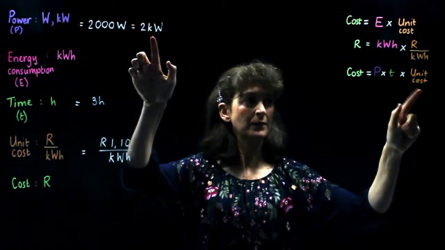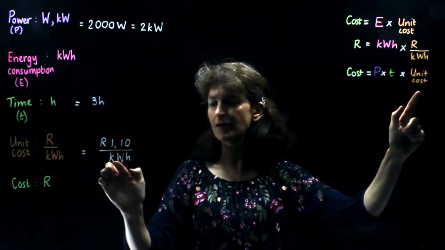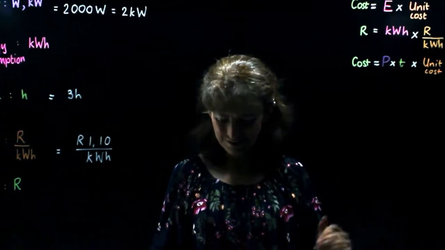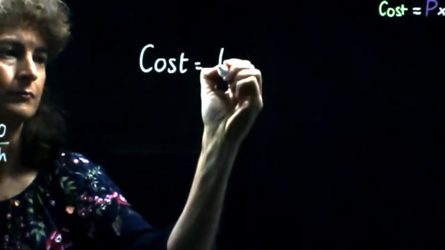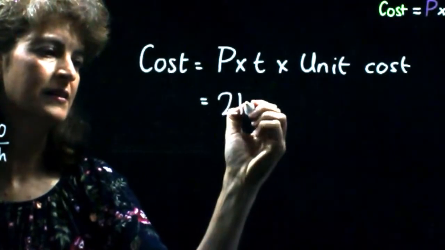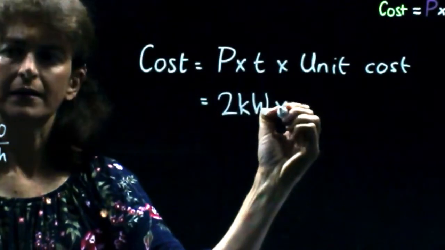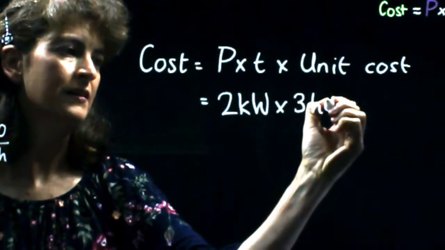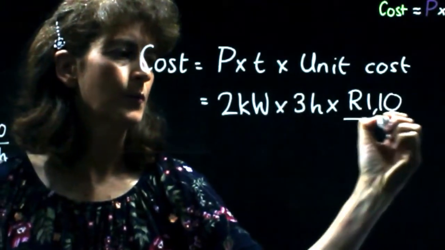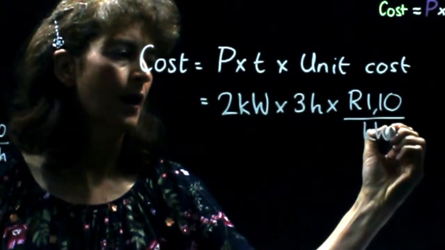And we have the power, we have the time, we have the unit cost. So we simply substitute those values into the right place. Let's do that. Power is 2 kilowatts. The time is 3 hours. The unit cost is R1.10 per kilowatt hour.